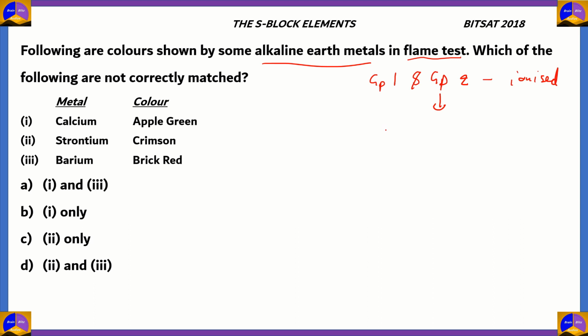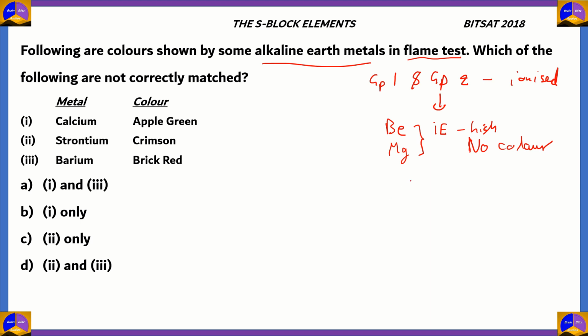In alkaline earth metals, the smallest elements, such as beryllium and magnesium, are too small. That means their ionization energy is high, so you won't have any color in the flame. Basically, when you put these elements into flame, there won't be any specific color that's attributed to them.